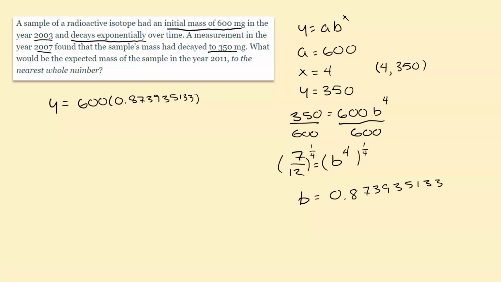And our x value, if we're starting at 2003 and going to 2011, that would be 8 years. So now we have all this. I'm going to figure out what comes out. So we take our b value and we raise it to the 8th power.